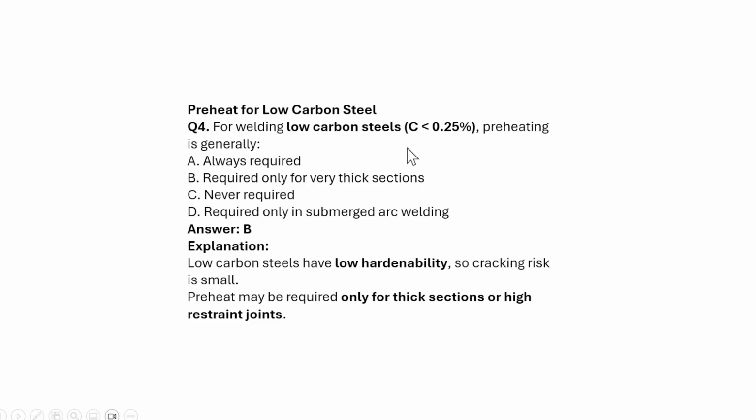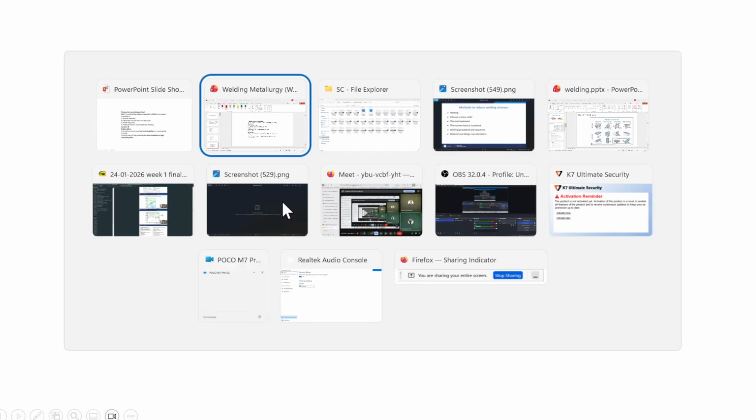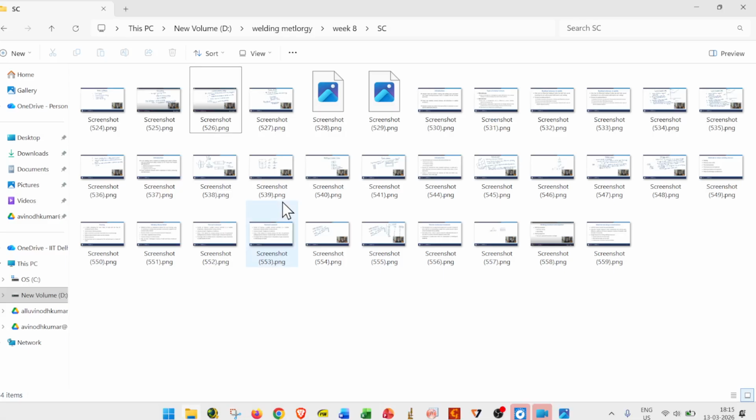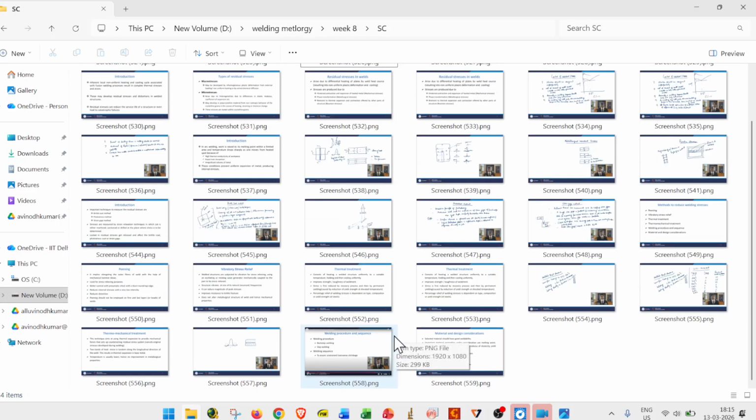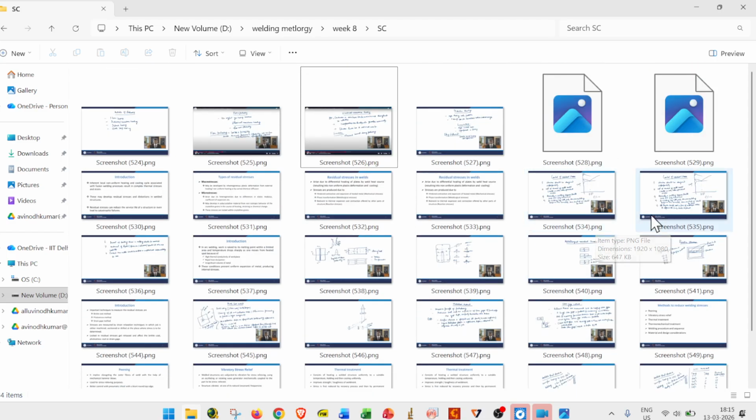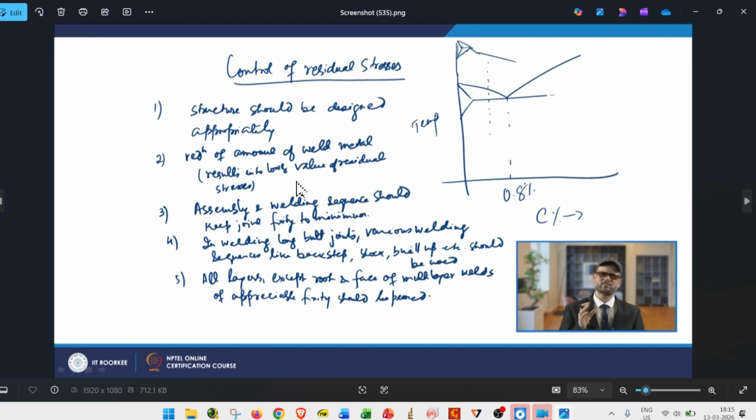In general, if I have thinner sheets of low carbon steel, it is not required to go for preheat treatment. Even if we give it, it will be up to 200 degrees or so, not more than that. If the carbon content is increasing, the amount of treatment increases much further. I think a slide has been given showing, for which carbon content, how much heat treatment is required.